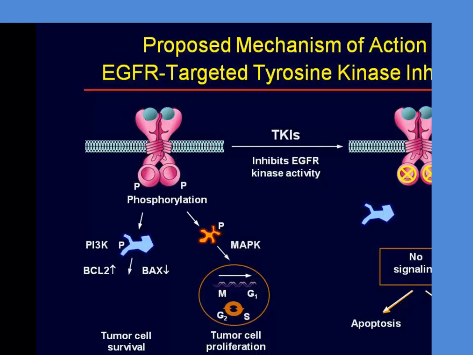So you can see what we're talking about here. Phosphorylation reaction takes place. Activation of all of those proteins takes place by STAT, signal transducer and activator of transcription molecules. When you have tyrosine kinase inhibitors, phosphorylation will stop, no signaling, and G1 arrest.